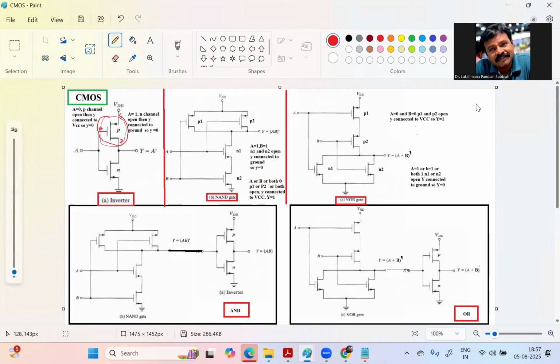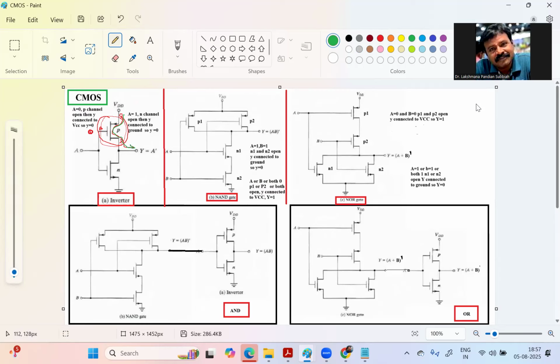Now we are applying zero here, right? Zero means it is connected with the earth. If it is zero, then this P channel is allowed to conduct from source to drain. So if you are applying zero voltage on the base, the P channel starts to conduct, which means we are having a connection.